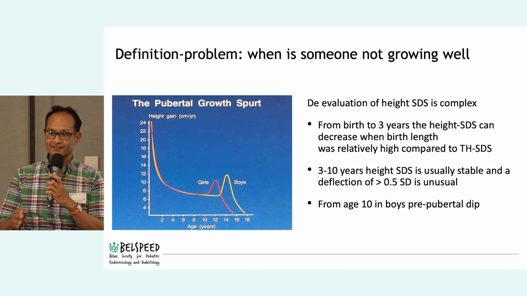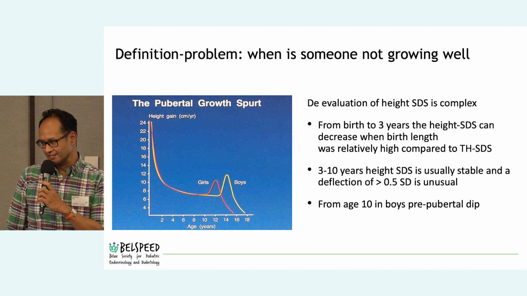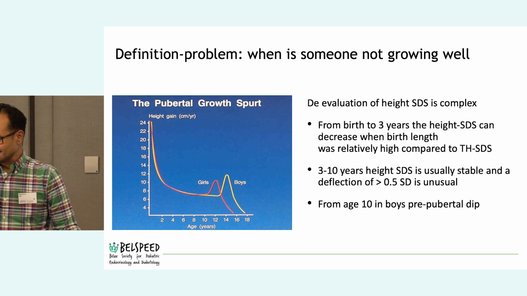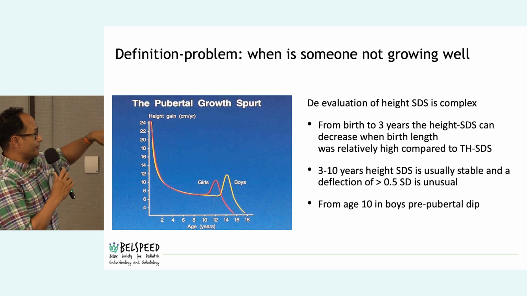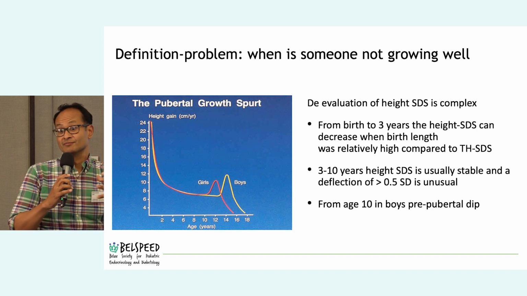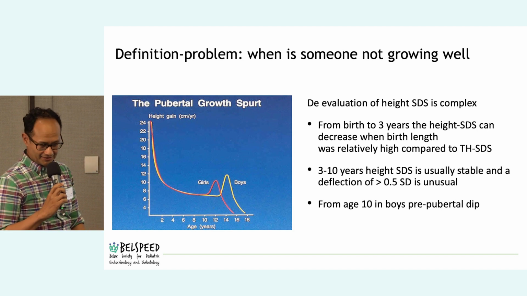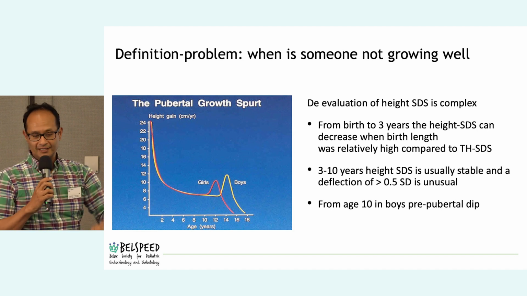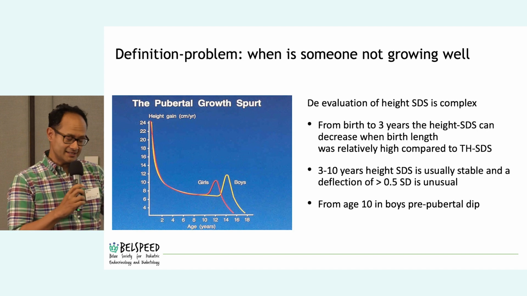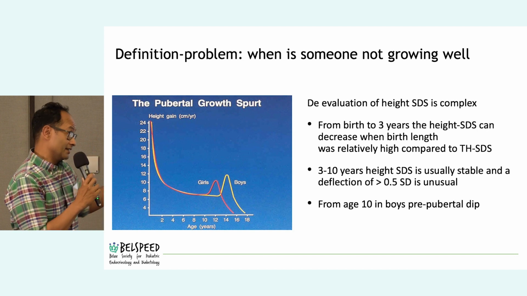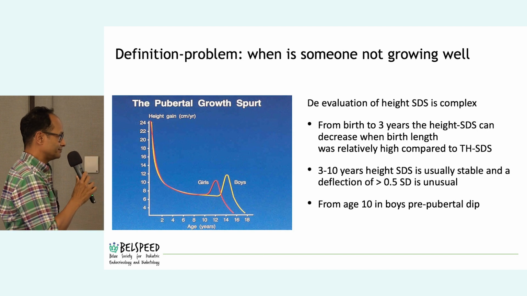static given. It's fluid, it changes throughout time, because you can see that even from birth, when someone is born large for gestational age, the height SDS is high, they can also drop to another SDS when the target height SDS is much lower than the initial birth length.